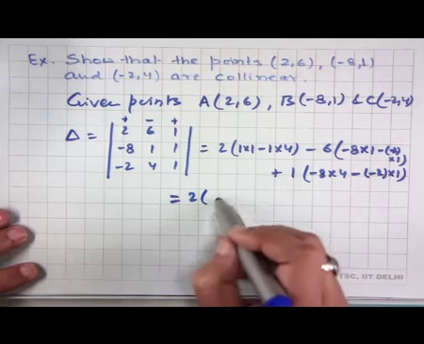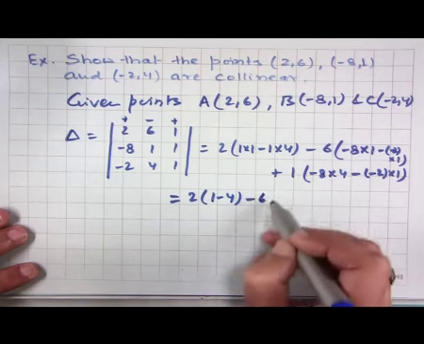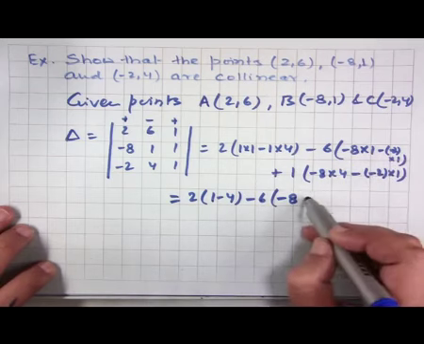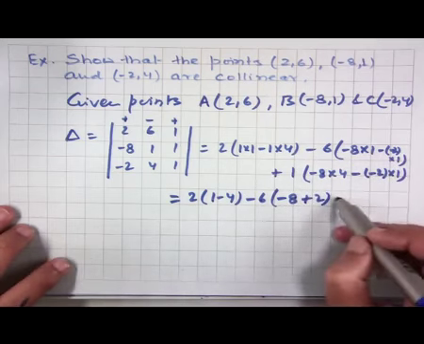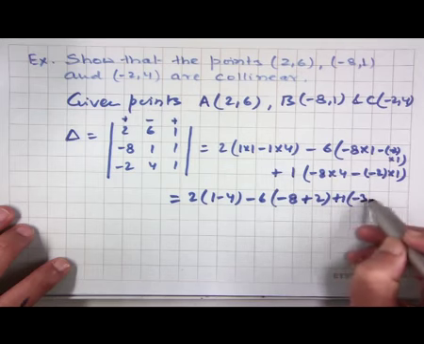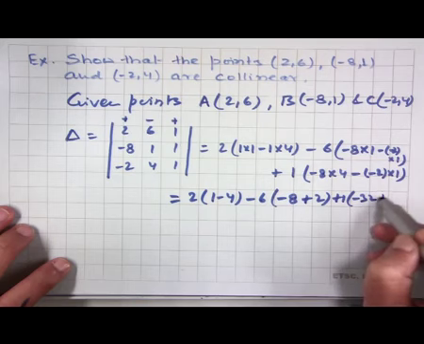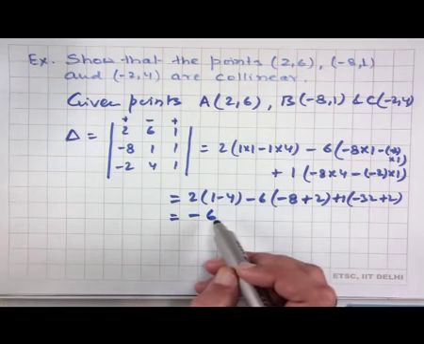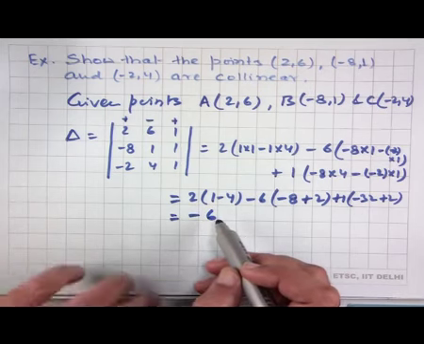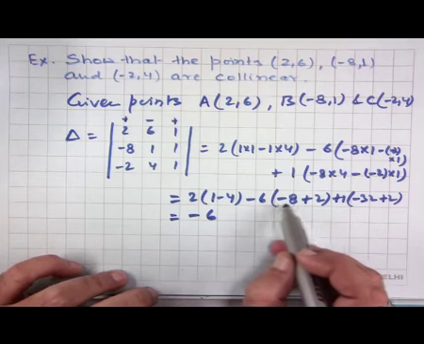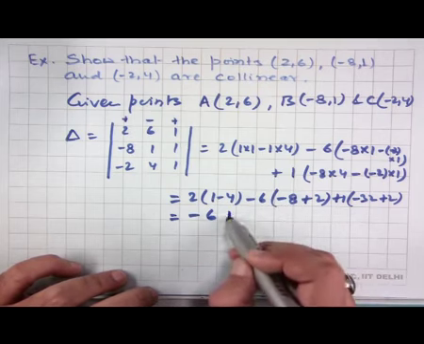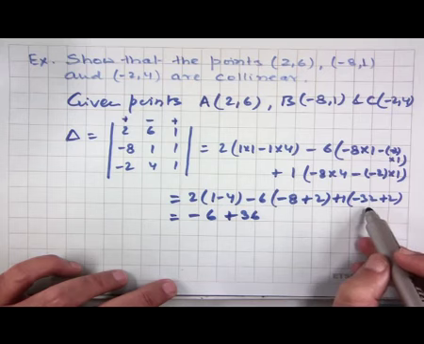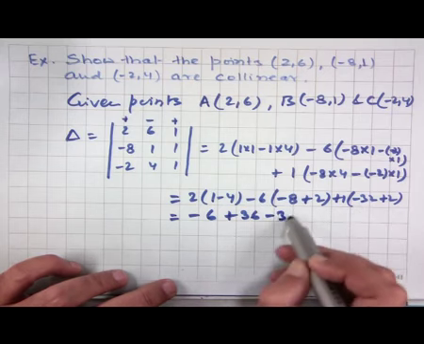This is equal to 2 into (1 minus 4), minus 6 into (minus 8 plus 2), plus 1 into (minus 32 plus 2). So this is minus 6, and minus 6 into minus 6 is plus 36, plus 36, and this is minus 30.